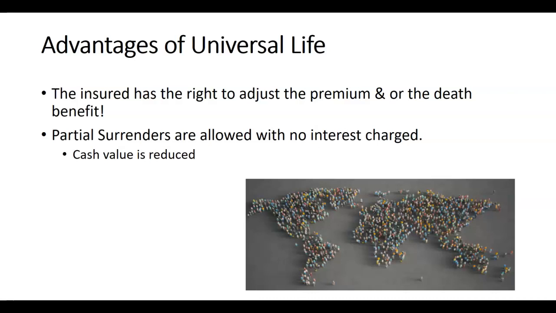A universal life policy will allow partial withdrawal or partial surrender of the policy's cash value. However, there may be a charge for each withdrawal, and there are usually limits that show how much and how often your withdrawals can be made.